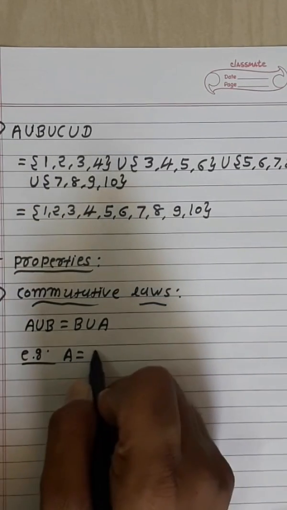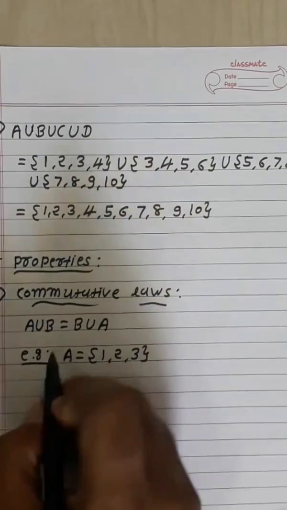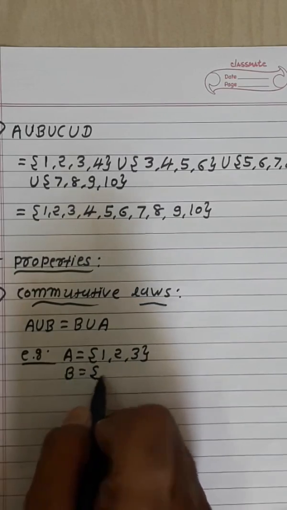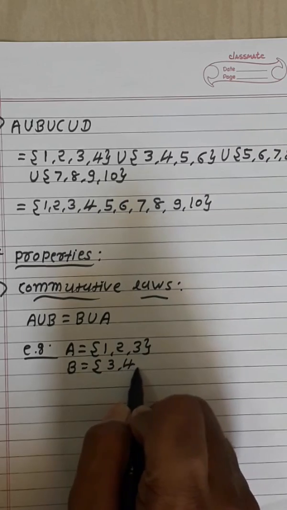Suppose A is equal to the set of 1, 2 and 3, meaning 3 elements are present, and B is equal to the set of 3, 4 and 5.